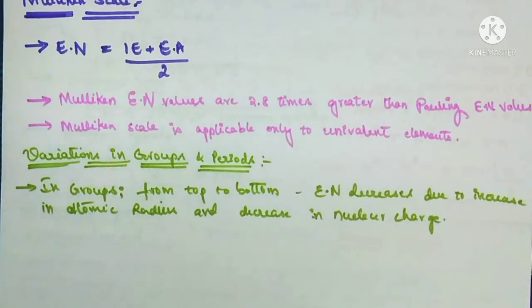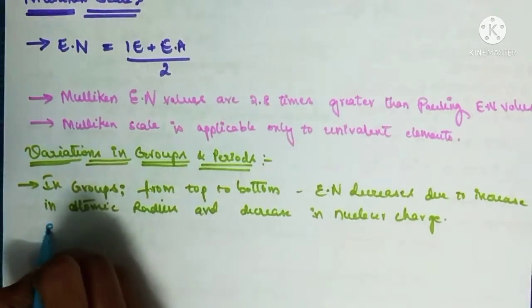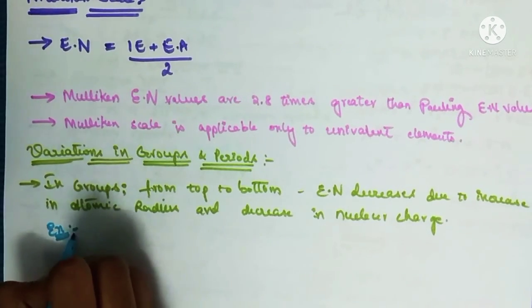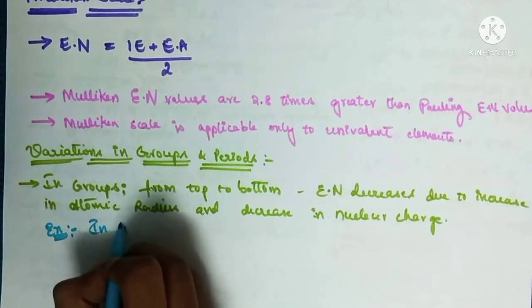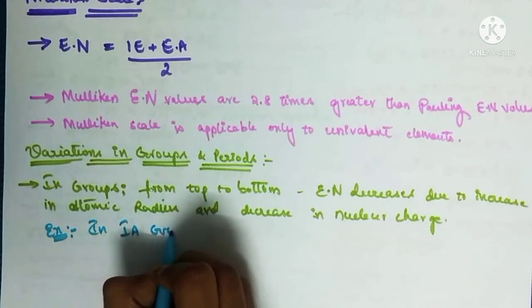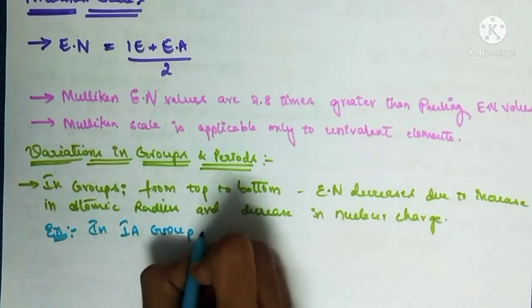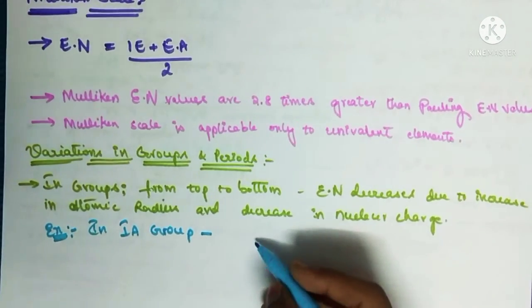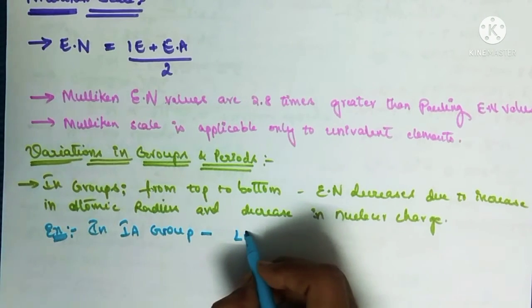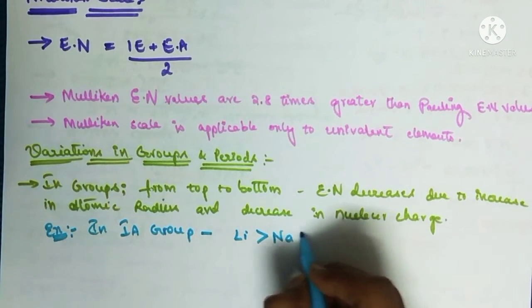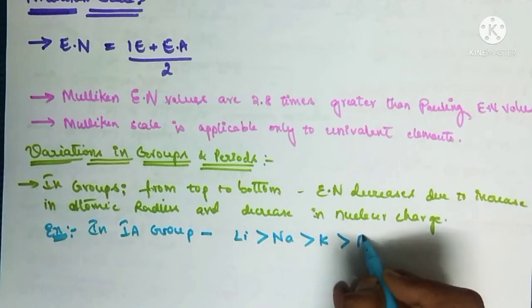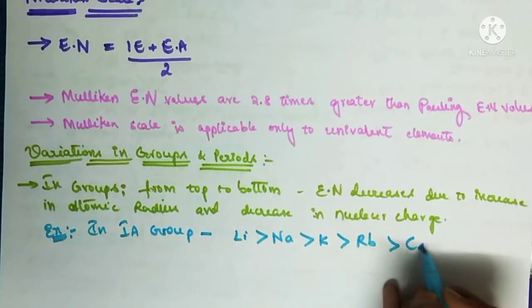If we take one example, in group 1A, the order of electronegativity is Li greater than Na greater than K greater than rubidium greater than cesium.